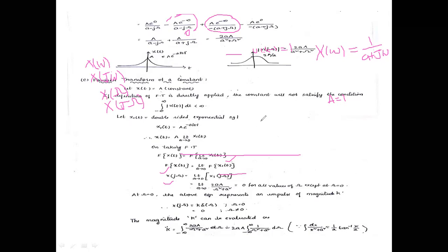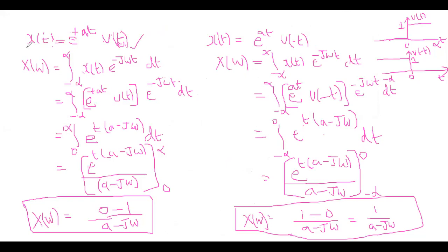Remember, my dear students, if you have a doubt, what is e power at mu of minus t? We already saw that x of t is equal to e power at mu of t.